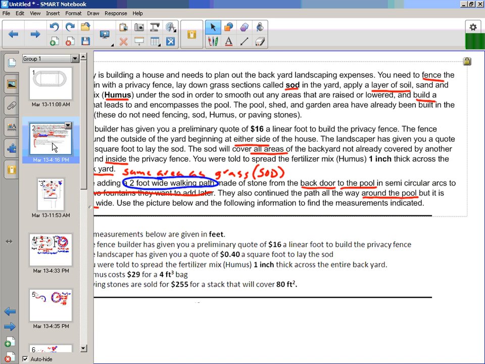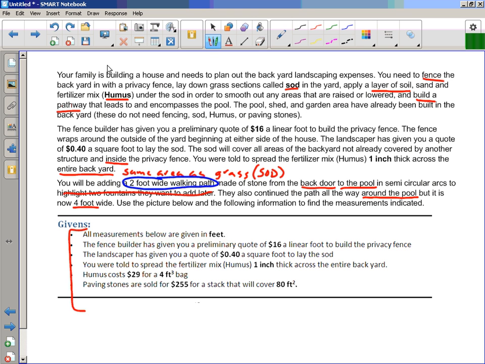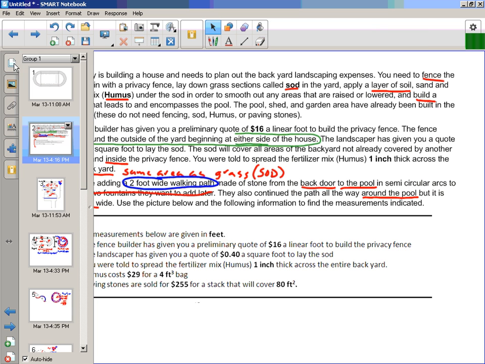Yeah, right there it is. Okay, so the fence wraps around the outside of the yard, beginning at either side of the house. So that's the key point there, is it starts at the house.